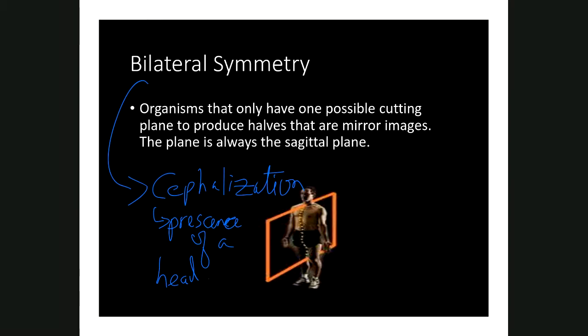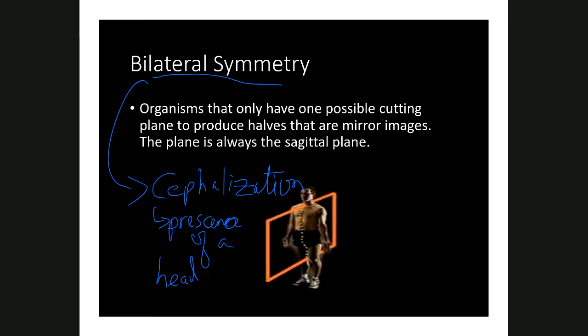results in bilateral symmetry. So once you place your sense organs around your mouth, and that starts to create a head, you've lost the ability to be radially symmetrical.